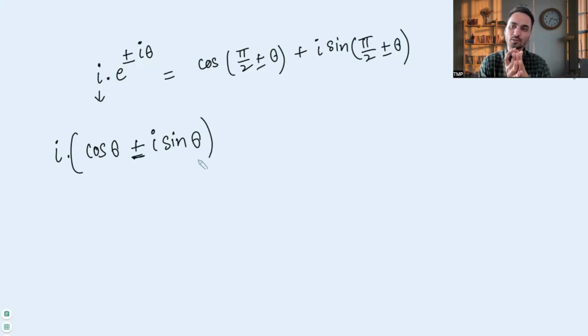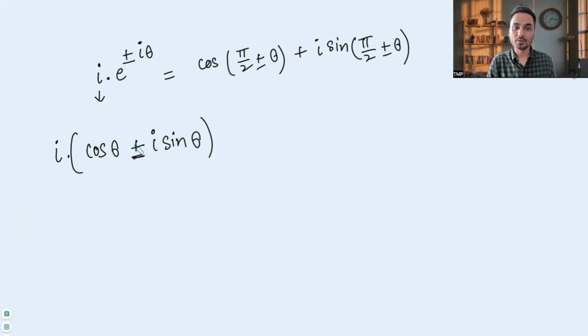And this is again by using the formula that e to the power iota theta is the same as cos theta plus iota sine theta, and similarly e to the power minus iota theta will be equal to cos of minus theta, which is basically cos theta, plus iota times sine of minus theta, which is minus sine theta.